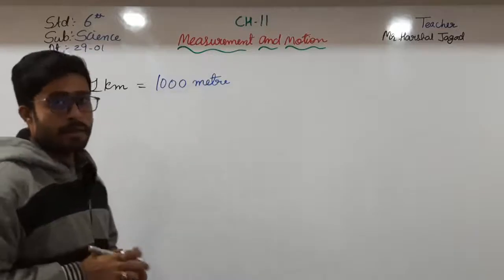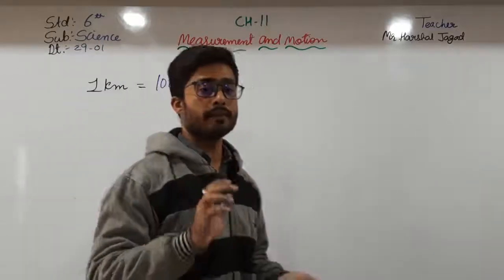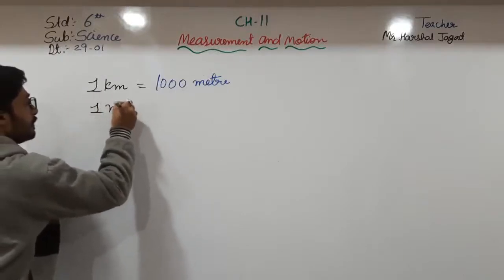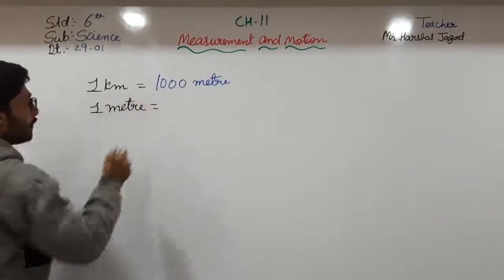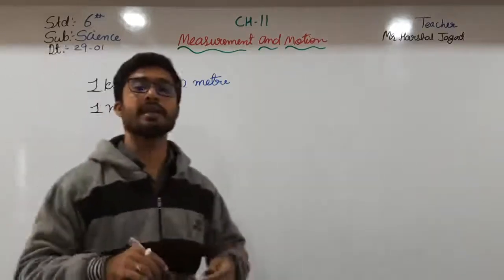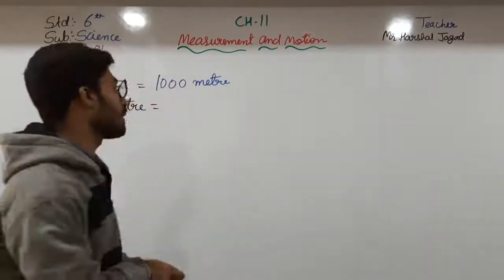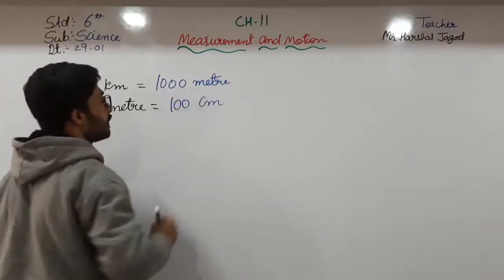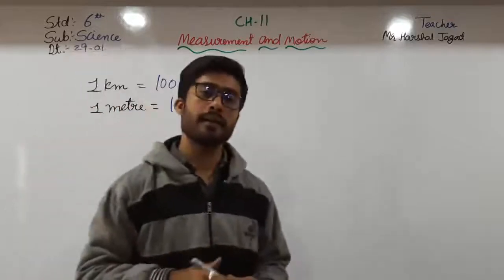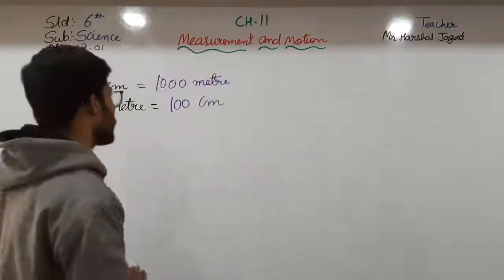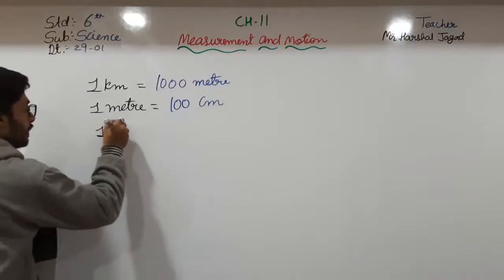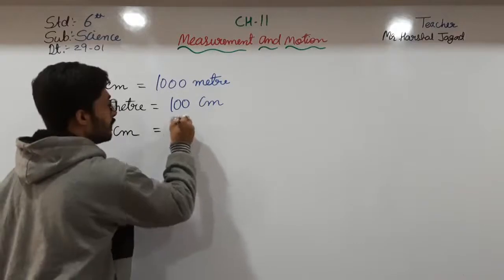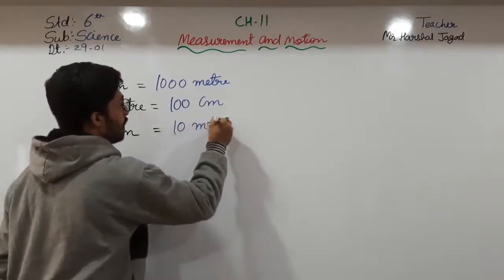Okay, and if I talk about 1 meter, and I want to convert that from meter to centimeter, then it is 100 centimeter. And if I want to convert 1 centimeter, then it is 10 mm, that is millimeter.